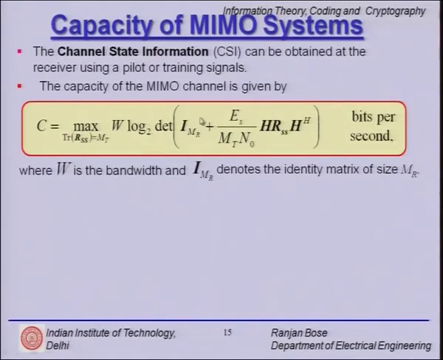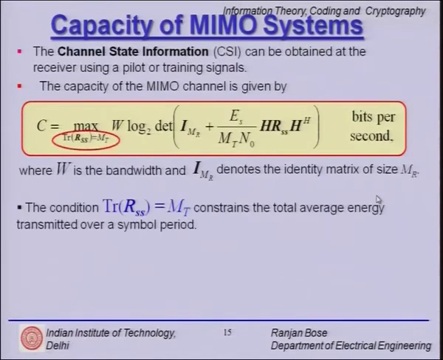So, this is the same structure, but this time instead of 1 plus SNR we have MR plus Es over MT N naught, again this is a notion of the SNR part, H RSS H Hermitian, bits per second. W is the bandwidth, I_MR denotes the identity matrix of size MR.